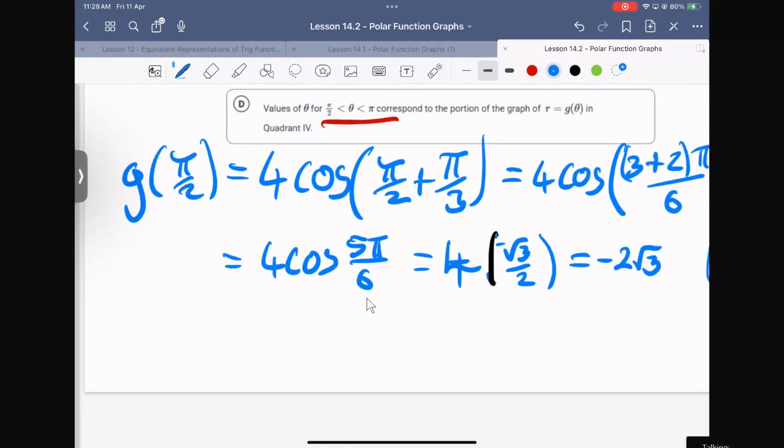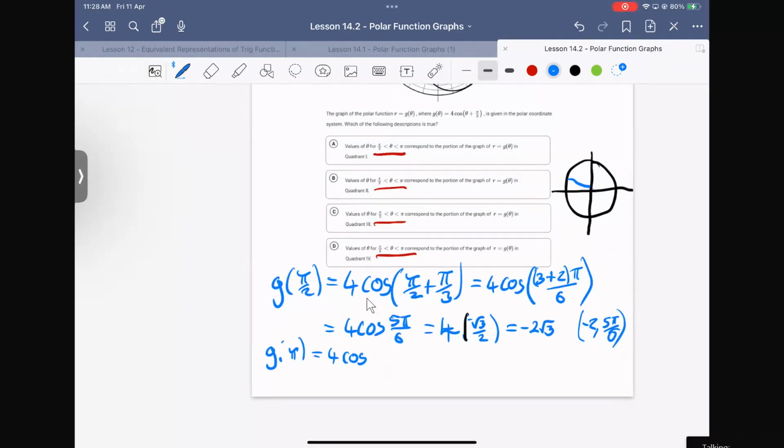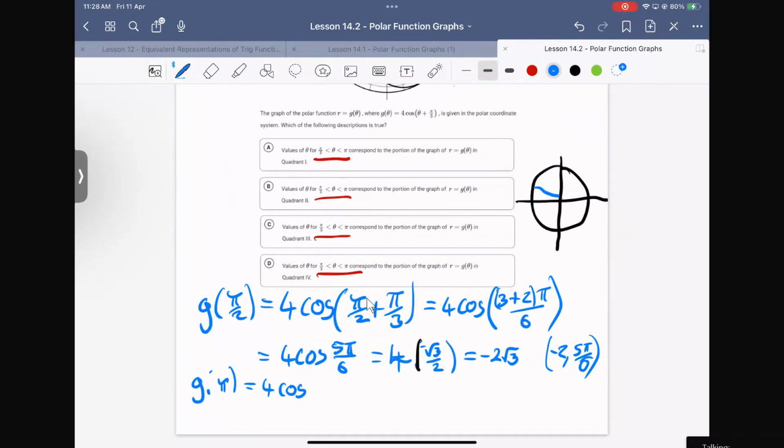Let's try the other one. We need g of pi, which is 4 cosine, what was our function? We'll just check it, pi plus pi over 3. That is going to be 4 cosine 4 pi over 3, which is this one here. No, it's not. That's 7 pi over 6, this one.